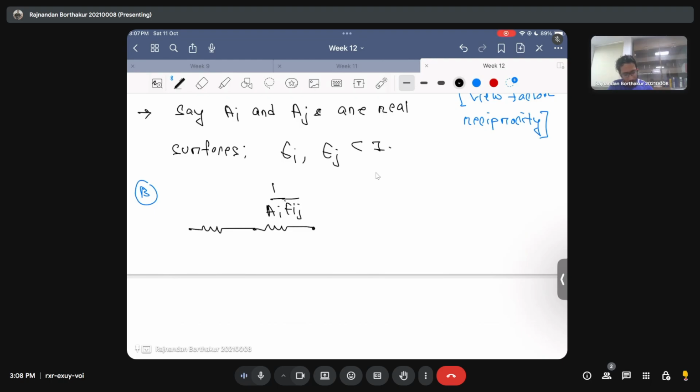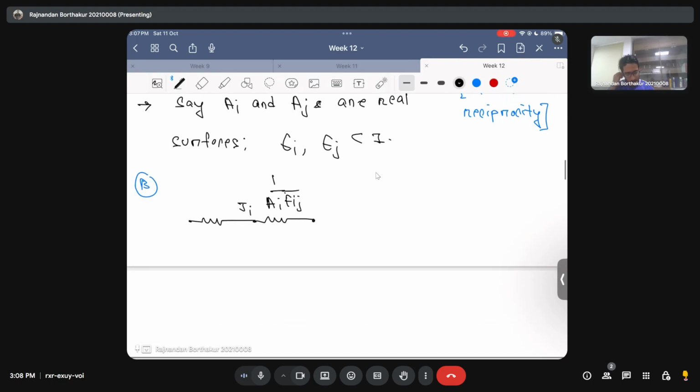And now in between the space resistances, instead of having the emissive power nodes, we will basically have the radiosity nodes represented by Ji and Jj. Okay. And between the radiosity nodes, because the emissivities are not equal to 1, we will have two extra resistances. For instance, between the radiosity node and the emissive power node of body I, we'll have a resistance 1 minus epsilon I by AI epsilon I.